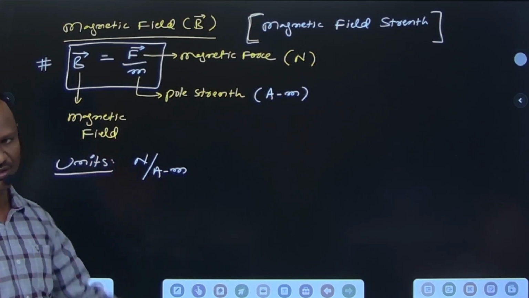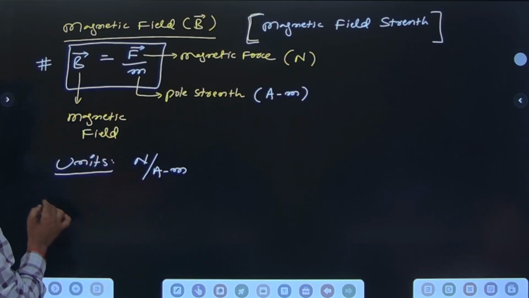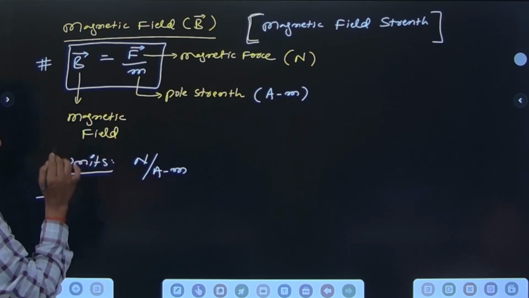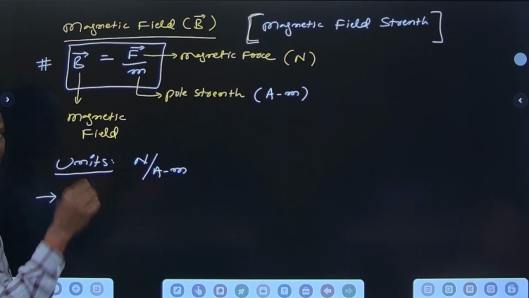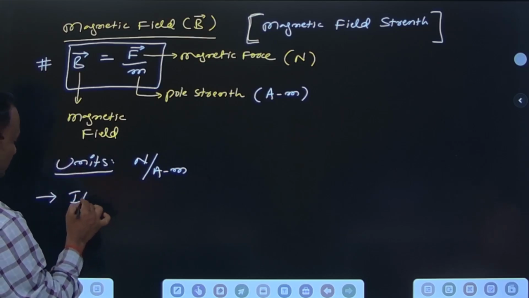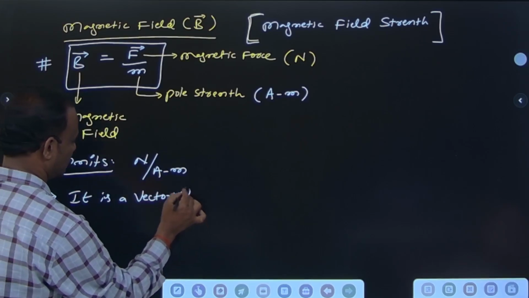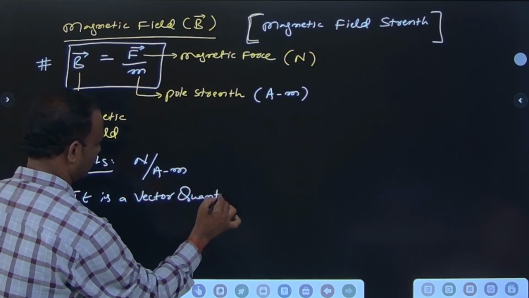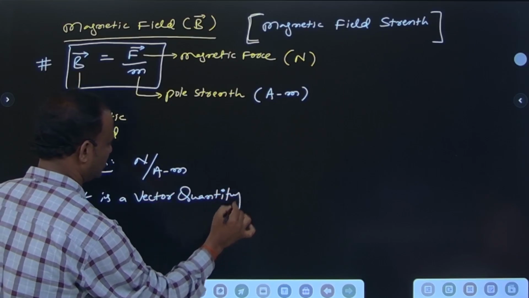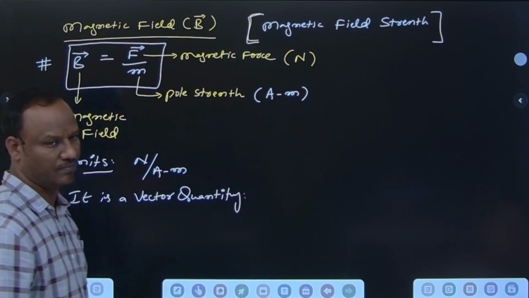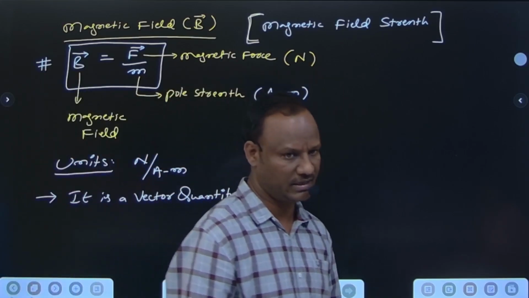Newton per ampere meter. What is the nature of this? Is it a vector quantity or scalar quantity? It is a vector quantity. Vector quantity means it has both magnitude and direction.